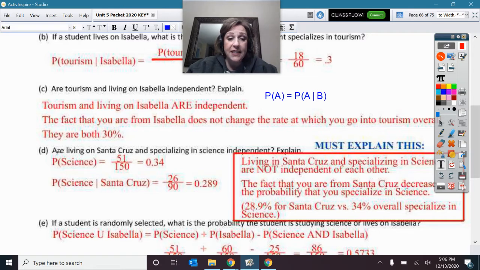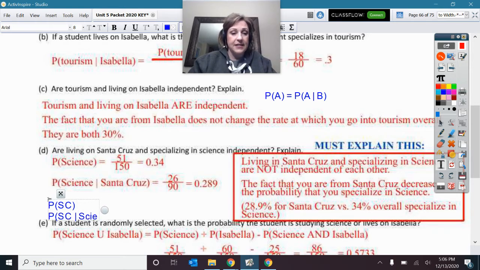So, are living on Santa Cruz and specializing in science independent events? Now, you could have done this the other way where you said probability of Santa Cruz overall, and then the probability of Santa Cruz given science.